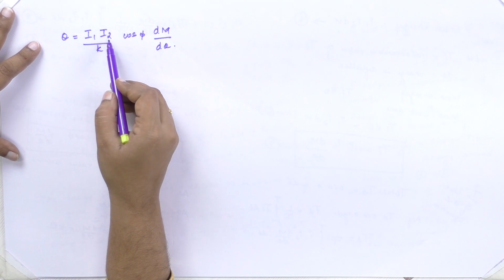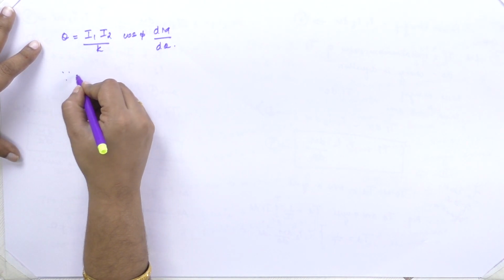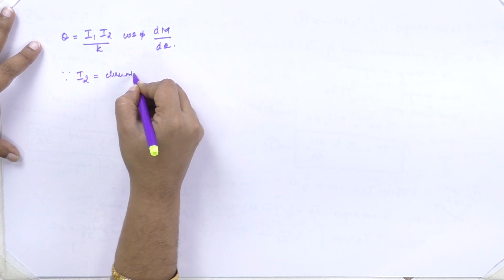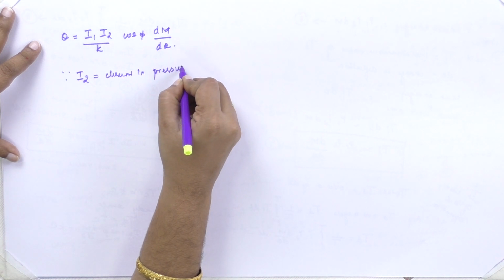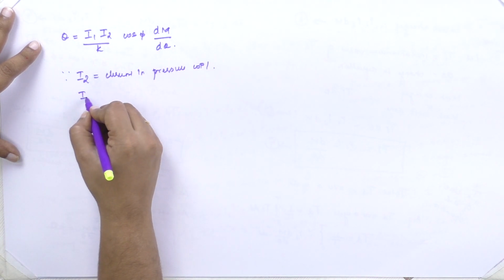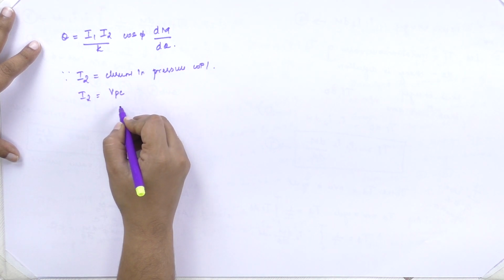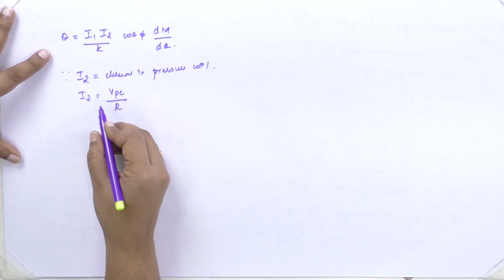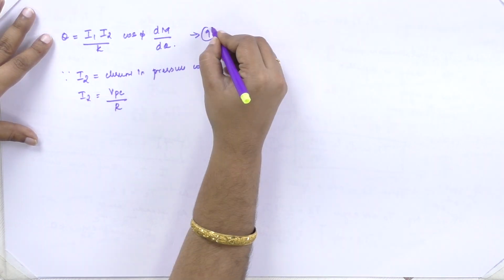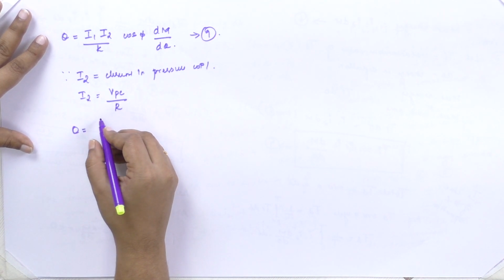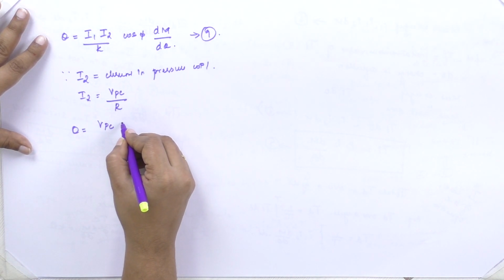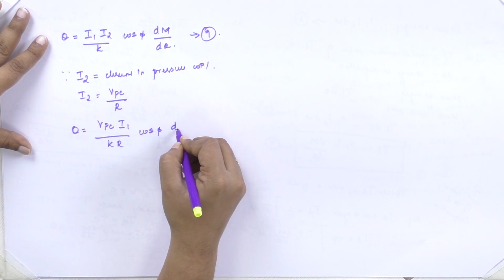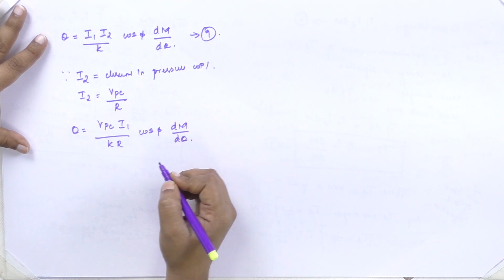Since I2 is the current in the pressure coil, this I2 can be written as VPC, which is the voltage across the pressure coil, divided by the series resistance value R. So if you substitute this value in equation 9, theta will be equal to VPC I1 by KR cos phi dM by d theta.